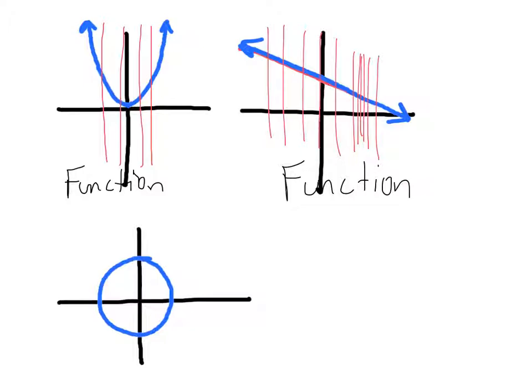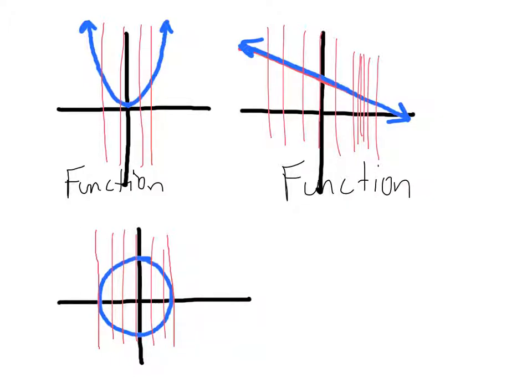The circle only passes the vertical line test at two spots, the left and right point of tangency. That's a phrase from geometry. It's where I get a tangent line to my circle. That's the only place where the vertical line test passes on a circle. Every other place, it's going to cross at two spots.